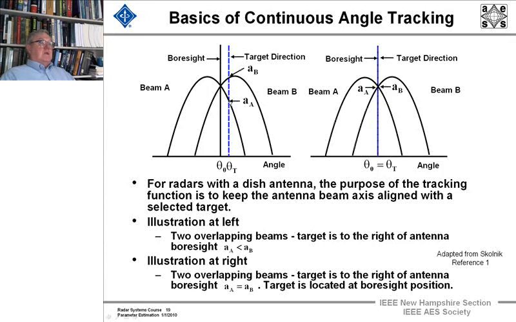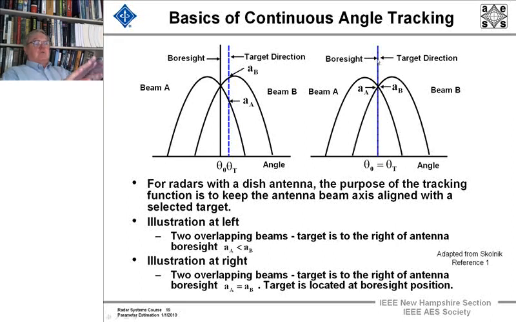And so where you get it smaller, where you get it bigger, you have to move in that direction. In the illustration here to the right, the target is pointing directly. When the two beams you send out, beam A and beam B, give you exactly the same amplitude, the target is located at the boresight position.